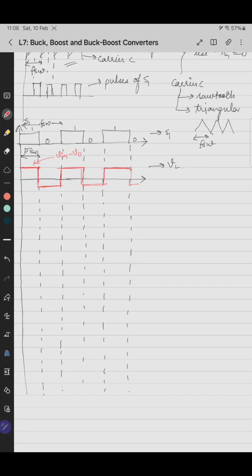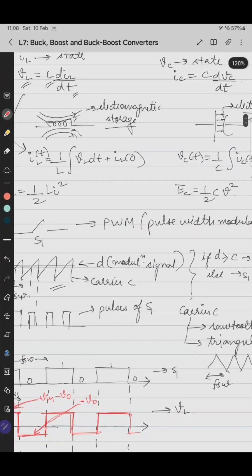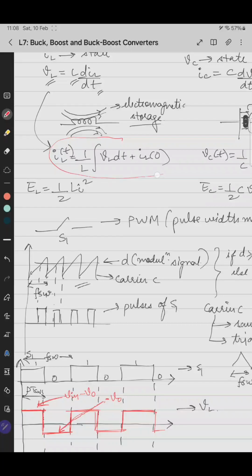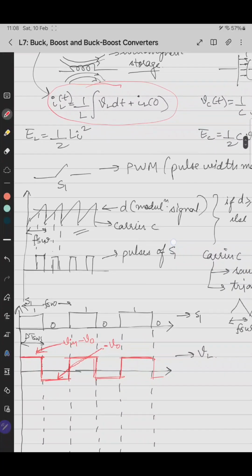This is VL. For the positive half cycle, if the voltage across the inductor is positive, then the current through it will be the integration of voltage.